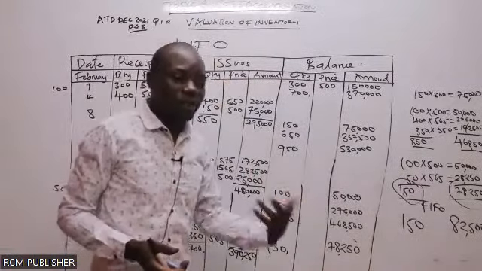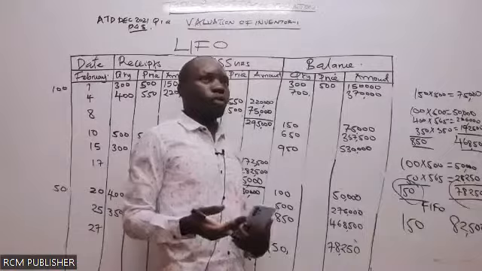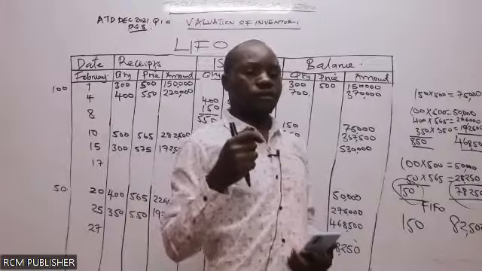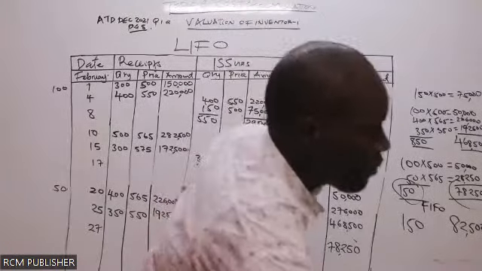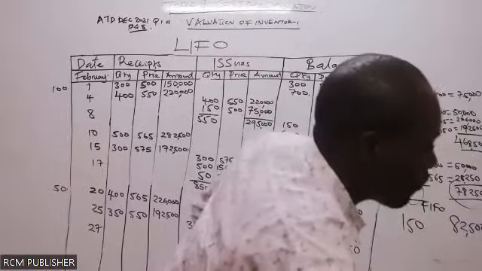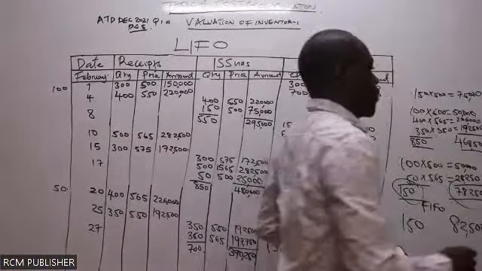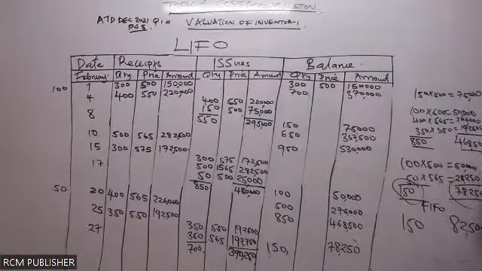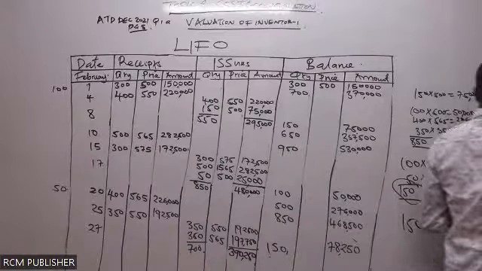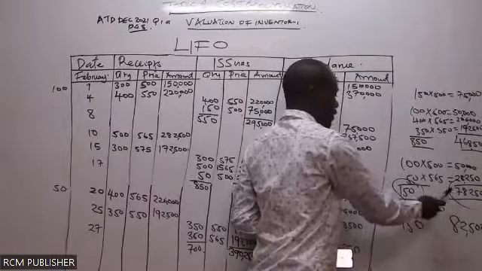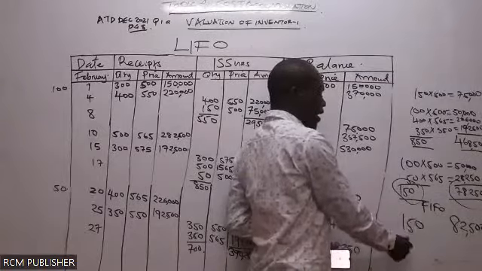So as a management, are we able to get the impact of using LIFO? You can be able to see that the value of the closing inventory is different, even though the units are the same.